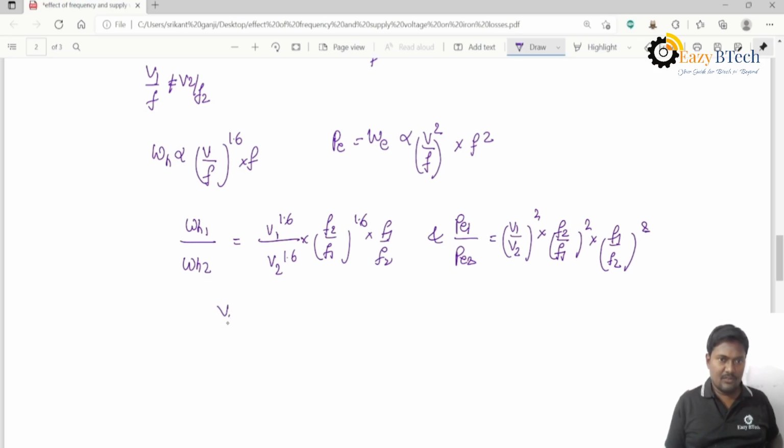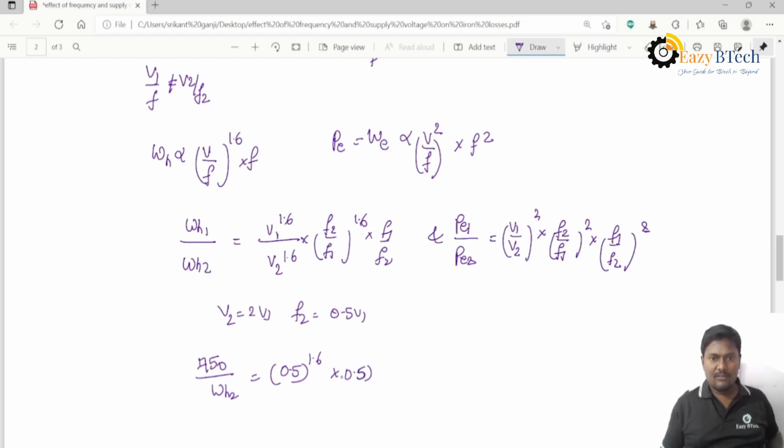Now we know that V2 is equal to 2V1 and F2 is equal to 0.5 into F1. Hysteresis losses 750 divided by WH2 is equal to 0.5 whole power 0.6 into 0.5 whole power 0.6 into 2, and here 250 divided by PE2 is equal to 0.5 whole square into 0.5 whole square into 2 square.